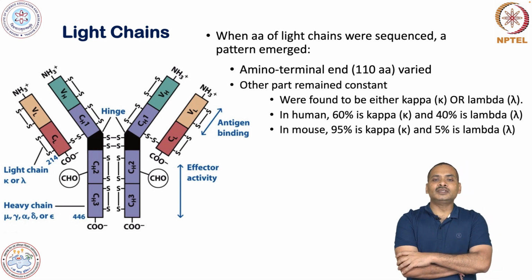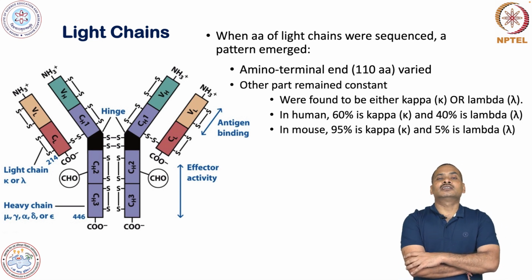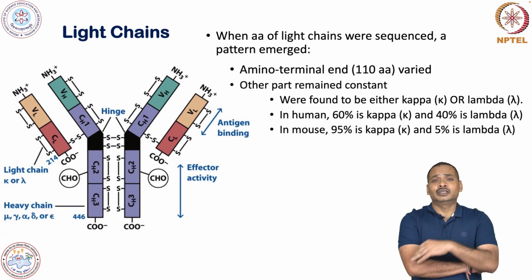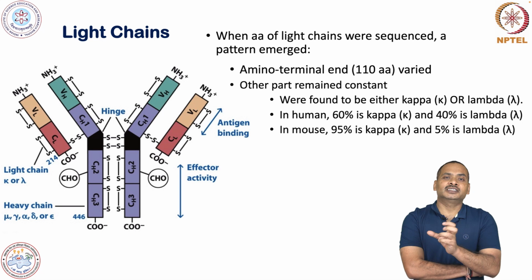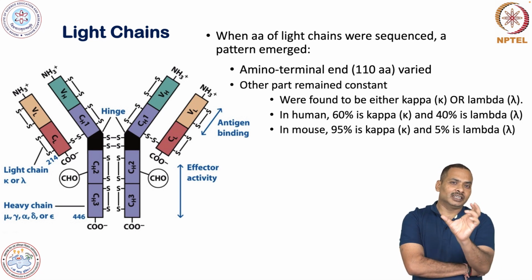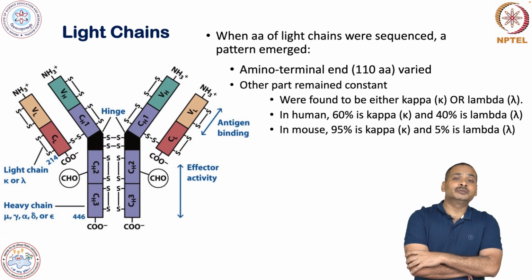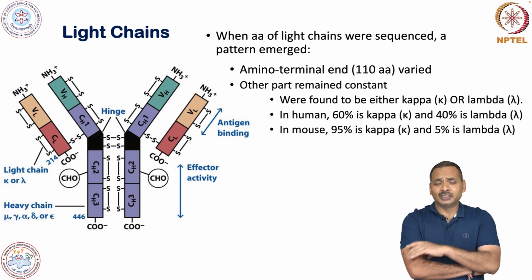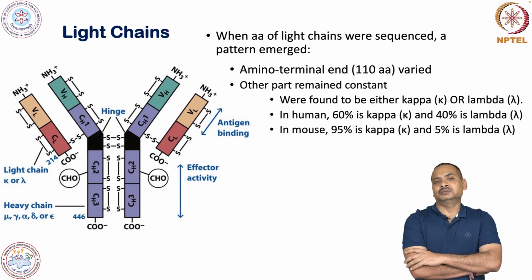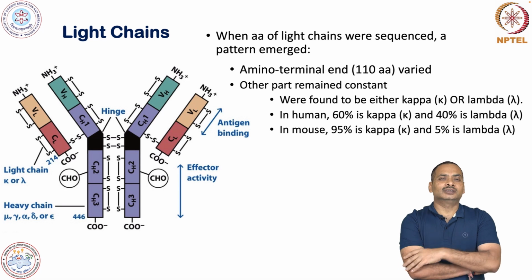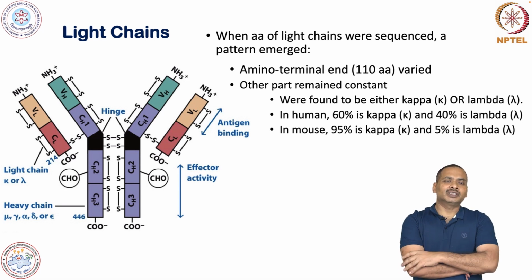Okay. So, it emerged that the light chain has a highly variable region consisting of approximately 110 amino acids, and the rest, about 100 amino acids, is constant.